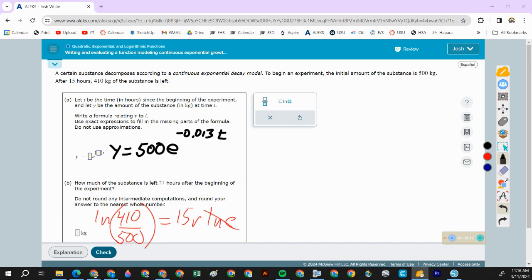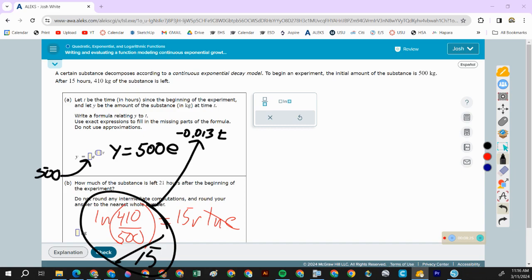Oh, so it wants the exact answer. So this goes there. So we're going to put 500 in here, and then r is that. The ln of 410 over 500 all divided by 15.